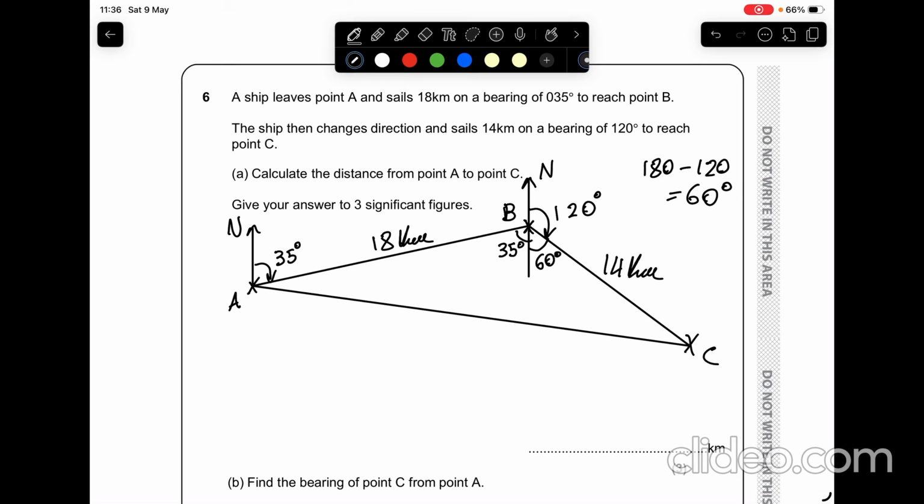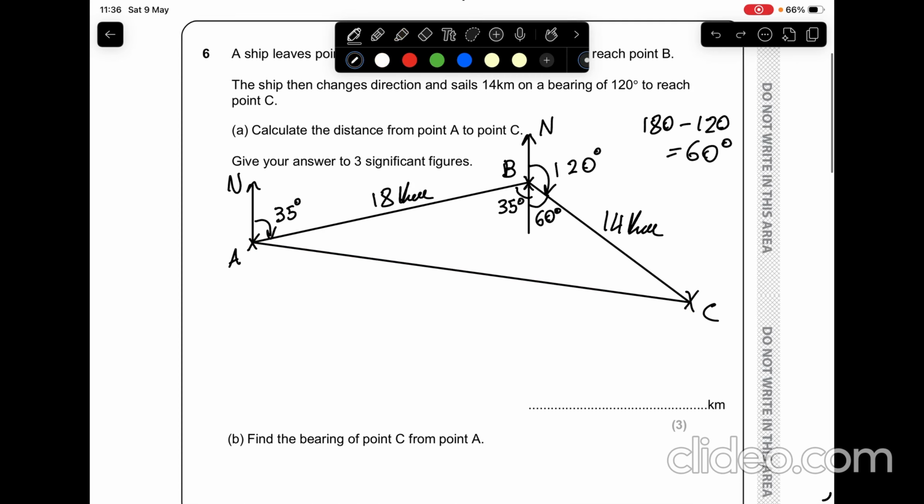Okay, so we have A to B, B to C, and we also have this internal angle between them. That means we can use the cosine rule to work out A to C.